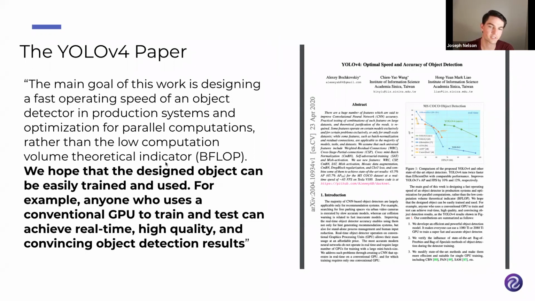Okay, so I was talking about how the YOLO family models was meant to be a place for dramatic improvement. So I pulled a quote here on the left-hand side from the paper. "We hope that the designed object detector can be easily trained and used. For example, anyone who uses a conventional GPU to train and test can achieve real-time, high-quality, and convincing object detection results." And that kind of gets you to the ethos of this architectural family of being able to make things more approachable and easier.